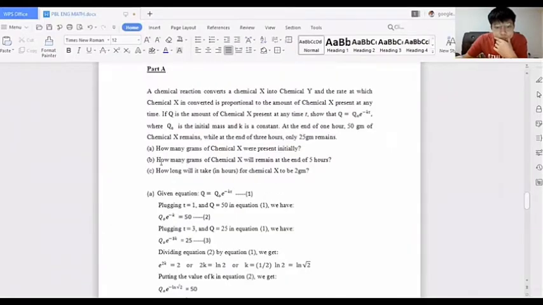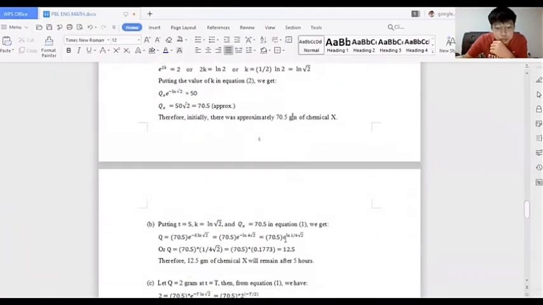For B, how many grams of chemical X will remain at the end of 5 hours? So we put T equal to 5, k equal to ln times square root of 2, and Q0 equal to 70.5.